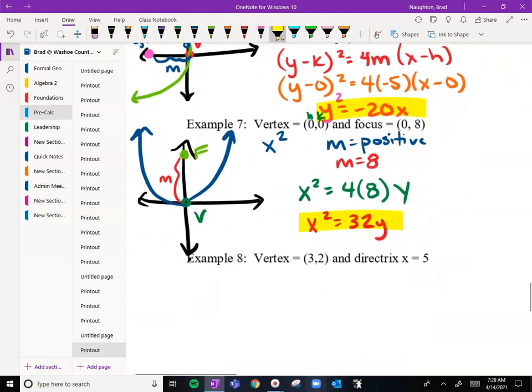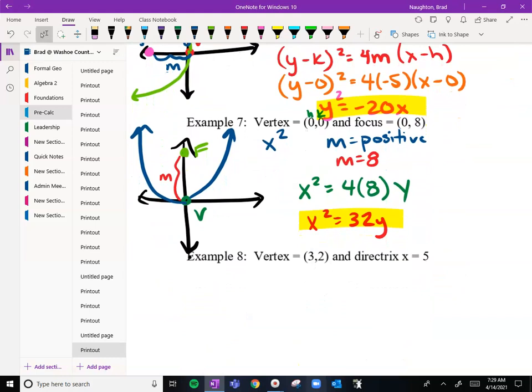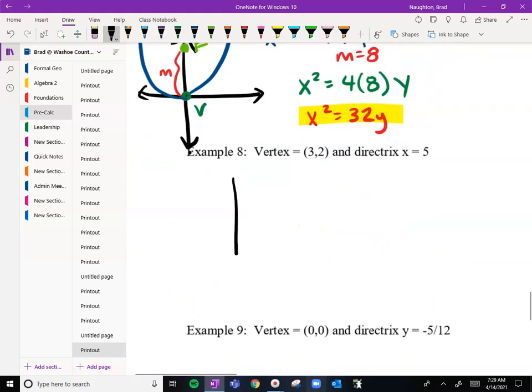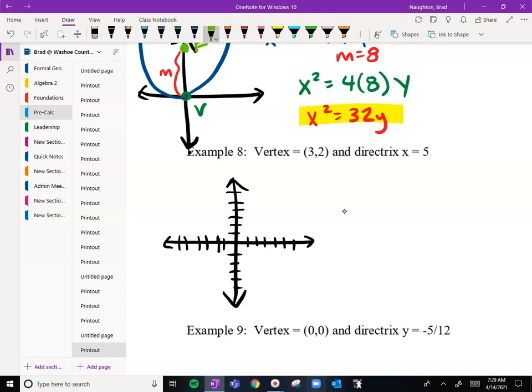So now, on our next one, let's set it up. Another lovely picture. So for this one, I'm going to go ahead and put some tick marks in here because our vertex is going to move around a little bit. So this just kind of helps a little bit. We didn't really need it on the other ones, but this one is going to be helpful. We can see that we're going to have a different vertex that's at 3, 2. So 1, 2, 3, 1, 2.